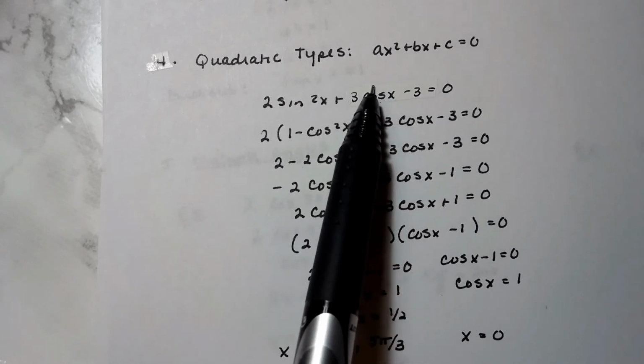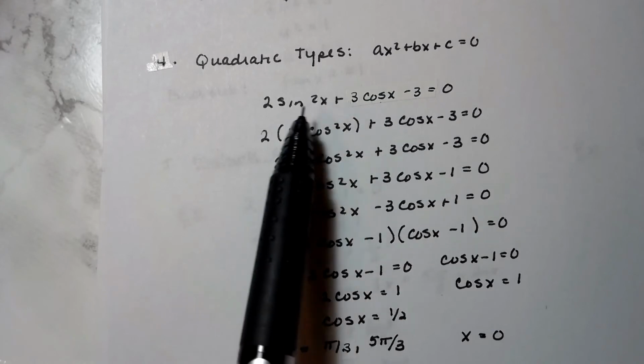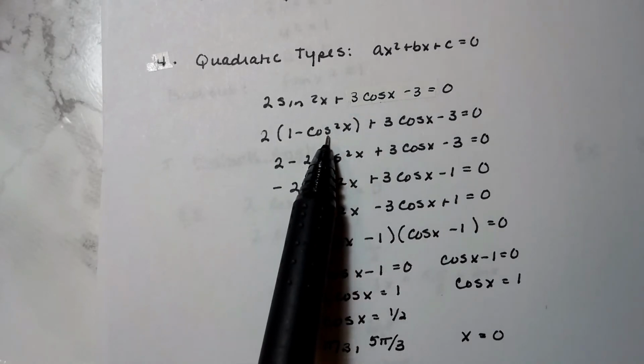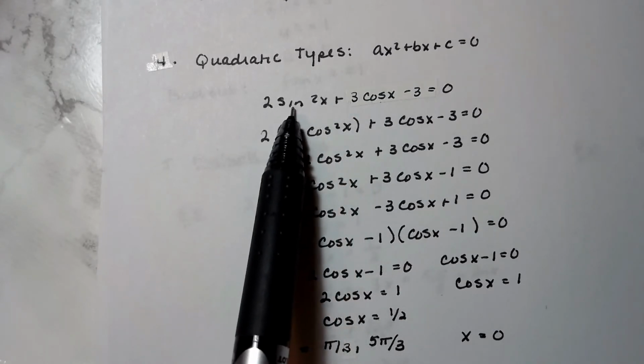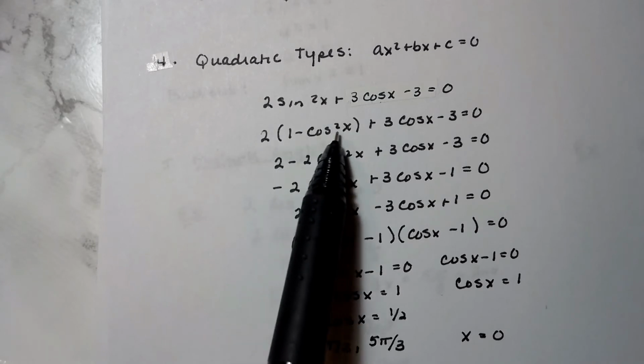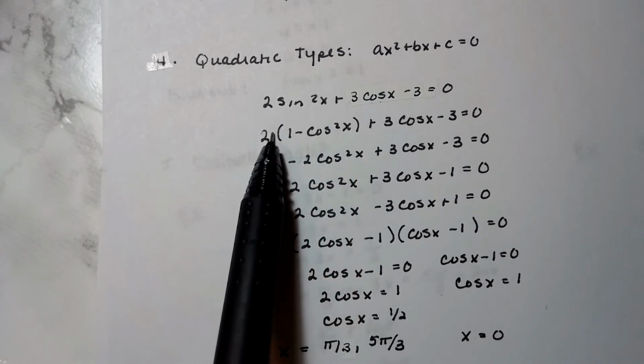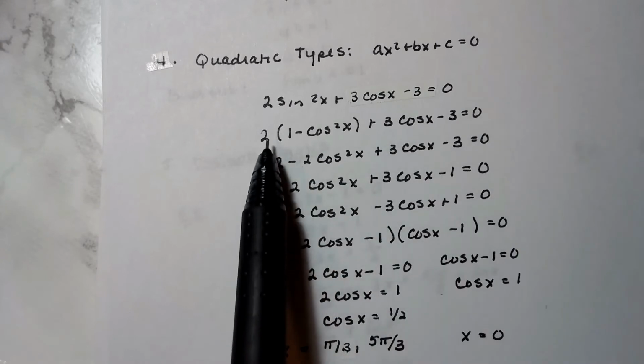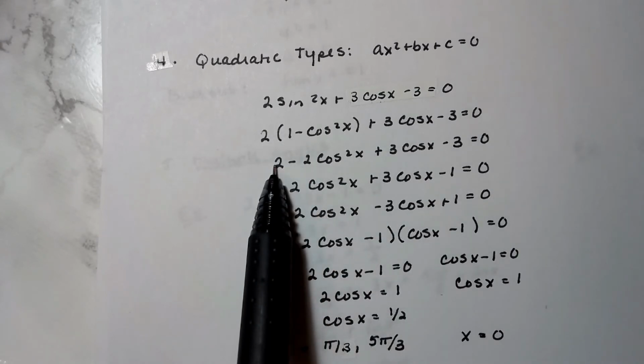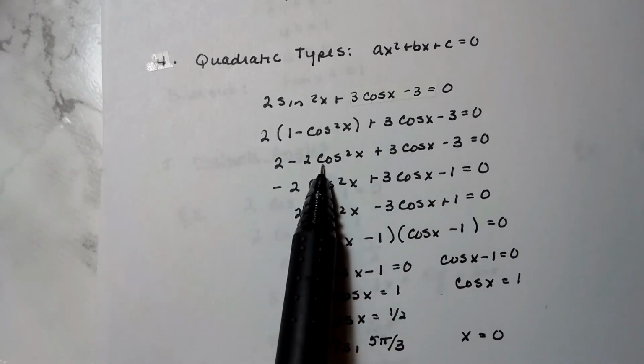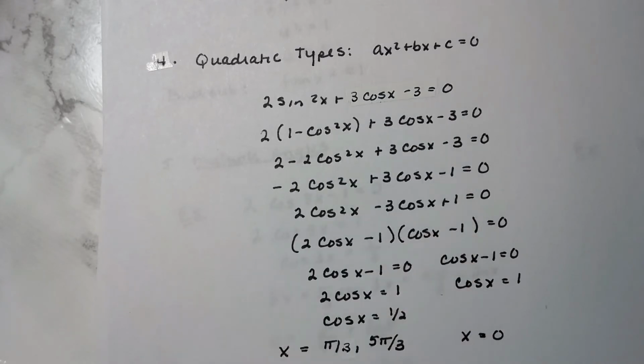It's hard for me to change this into a sine, but it's easier for me to change the sine into cosines. So I replaced sine squared of x with 1 minus cosine squared of x. Don't forget there's a 2 times that. And then you have to distribute this 2. So 2 times 1 is 2, 2 times negative cos squared x is negative 2 cos squared x. And then I just brought the rest of this stuff down.